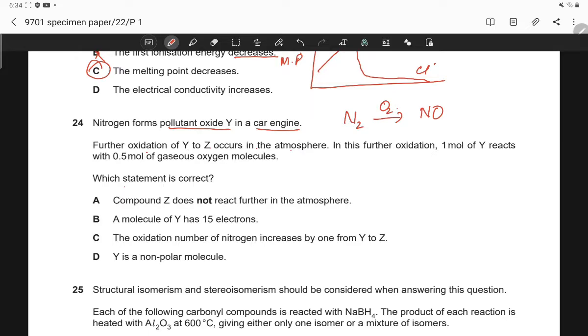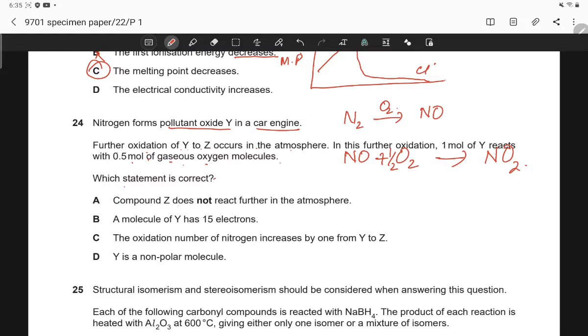So NO plus O2 forms NO2. 1 mole of Y reacts with, so this is half, 0.5 moles of gaseous oxygen.